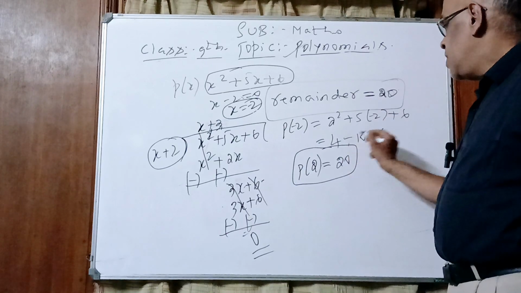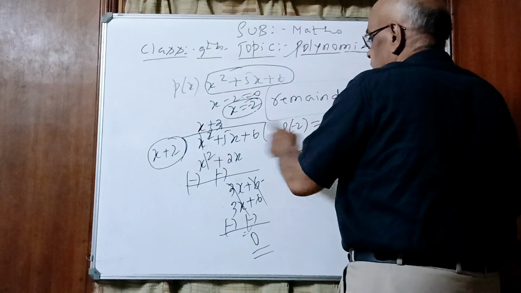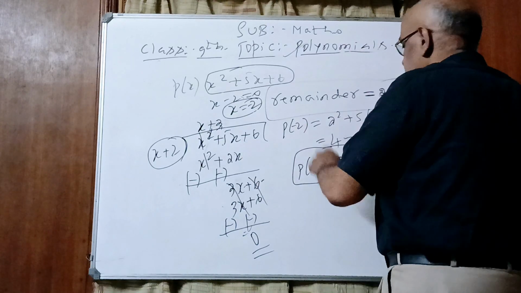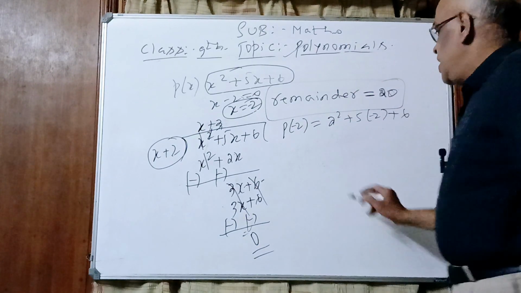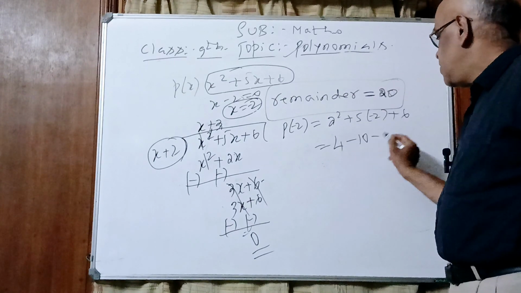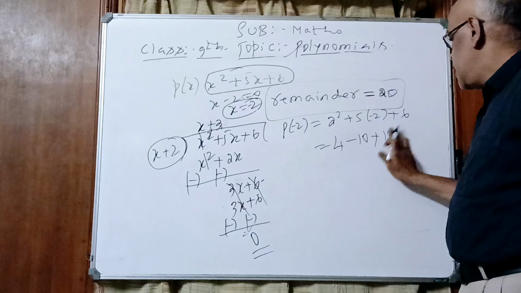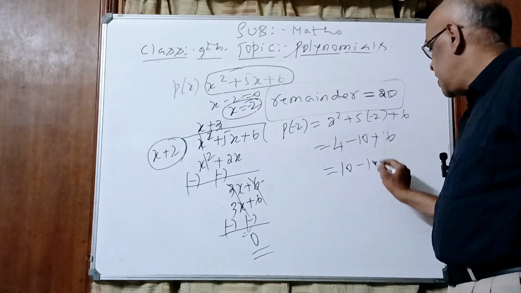In this polynomial x square means 2 square plus 5 into minus 2 plus 6. What will be our final answer? Final answer is 2 square 4, plus into minus, 5 2s are 10, plus 6.